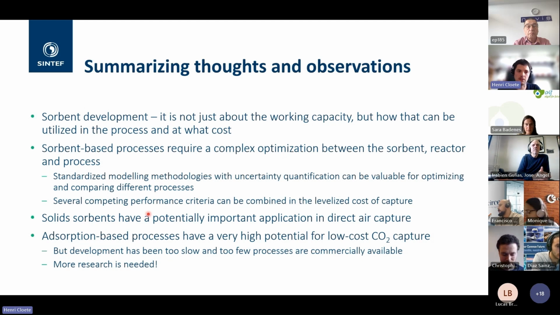And adsorbents, for several reasons, seem to be what most companies are going for in direct air capture. So there's quite a lot of potential in that area as well.